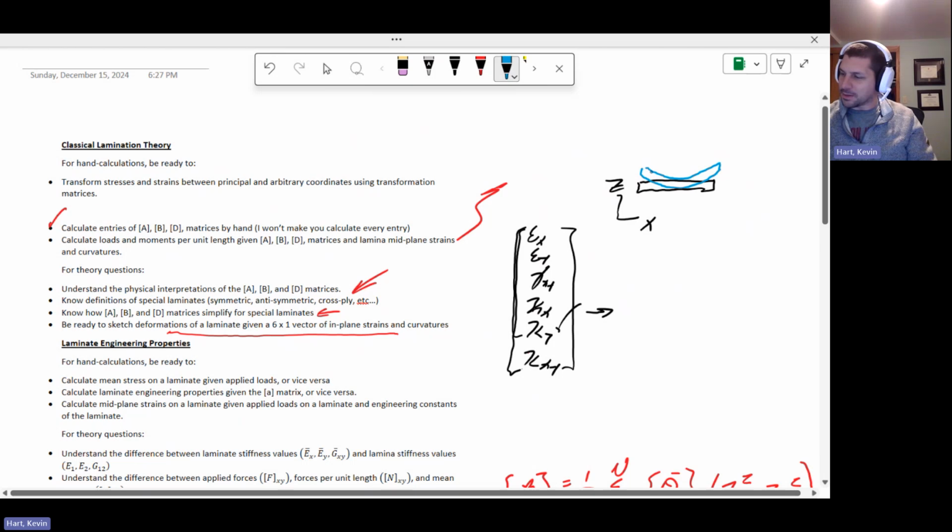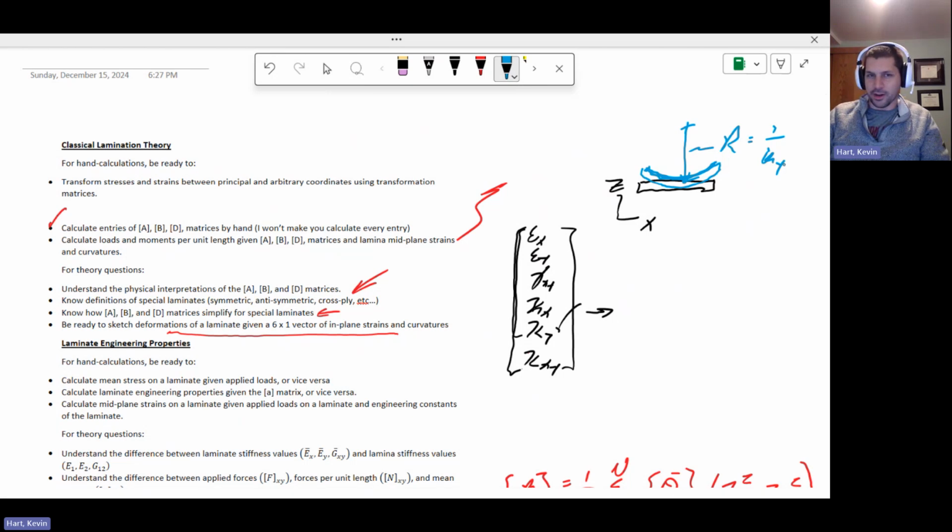And remember that this would make an arc length of a circle, like the composite would deform into that shape. And so this radius of curvature R is 1 over kappa Y in this case. So that's the radius of curvature for that particular laminate, and it's 1 over the curvature. So curvature has units of 1 over meters or 1 over inches or something like that.